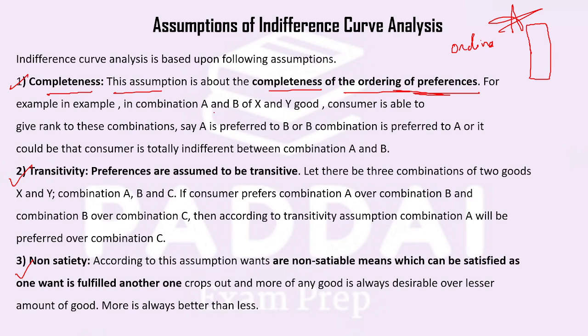For example, in a combination A and B of X and Y goods, the consumer is able to give a rank to these combinations.